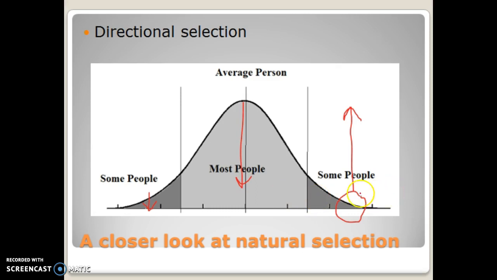With those birds, the large beaks became more common, and as a result, the average was no longer right here. The average shifted over here. And what we ended up having was a bell curve that moved from right there to right over there. In other words, it shifted in a direction.